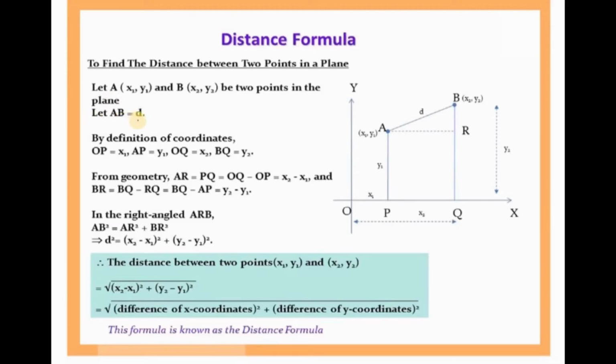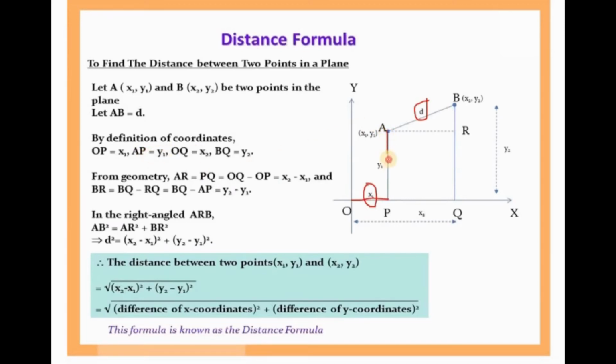Let AB equal D. D means distance. By the definition of coordinates, OP equal to x1. O means origin. From O to P, the distance we assume as x1, and AP equal to y1.